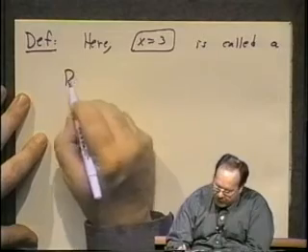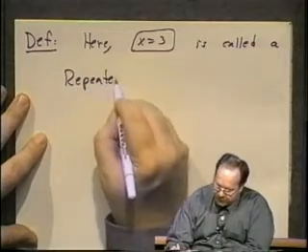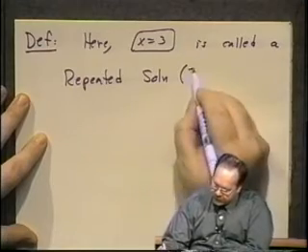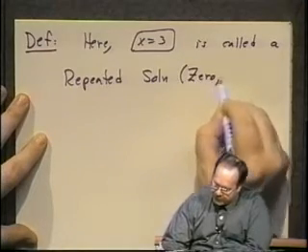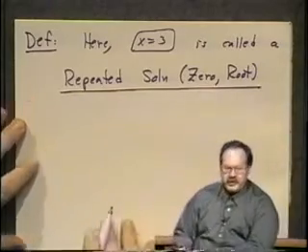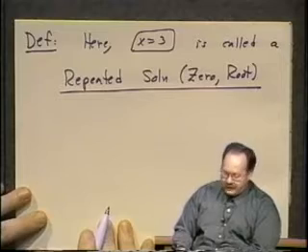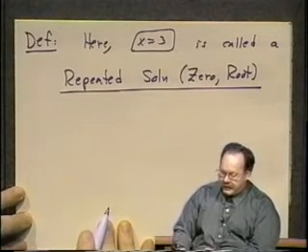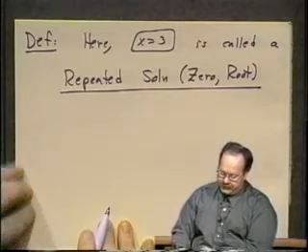Sometimes it's simply called a repeated solution. Two other words that are also used are a repeated 0 or a repeated root. It will not matter which one you use. You'll probably start adopting one of them because they're more commonly used in a given situation. These are sometimes called zeros, roots, or solutions.